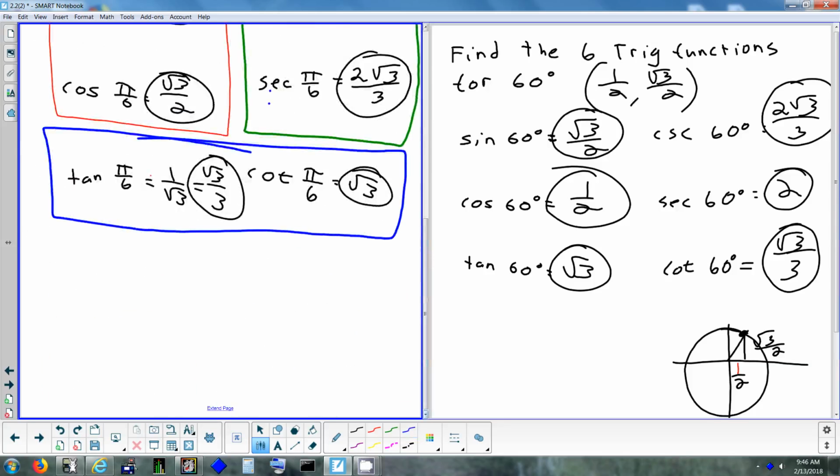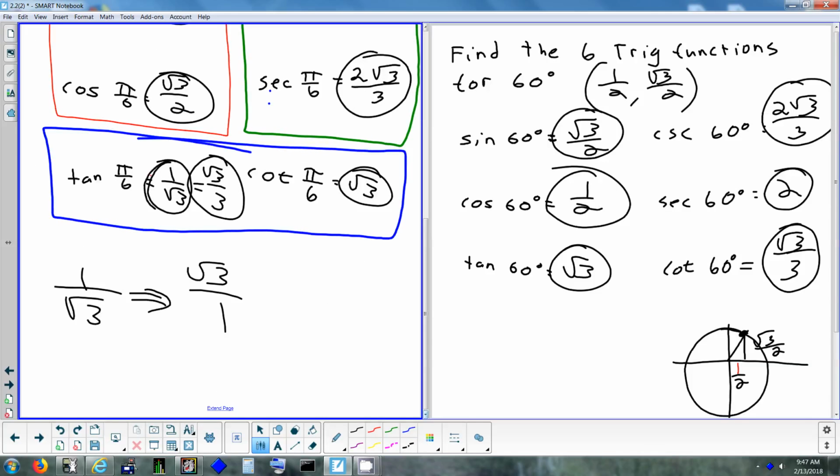Okay, so any questions on how we got 1 over the square root of 3? That part? Okay, so if it makes sense how we got that, all you have to do is take that and flip it, and that's it. So you get square root of 3 over 1, which just turns into square root of 3. And if you're like, oh wait, he didn't do x over y. I did.